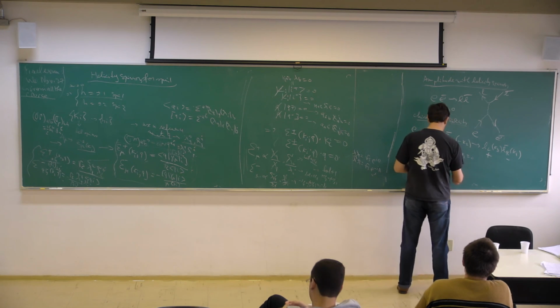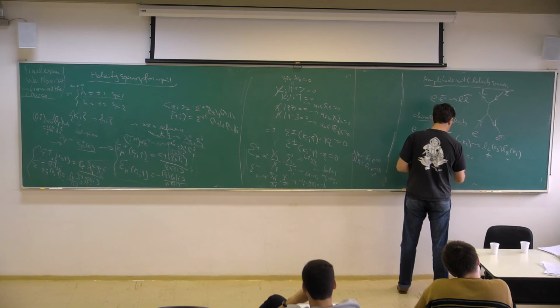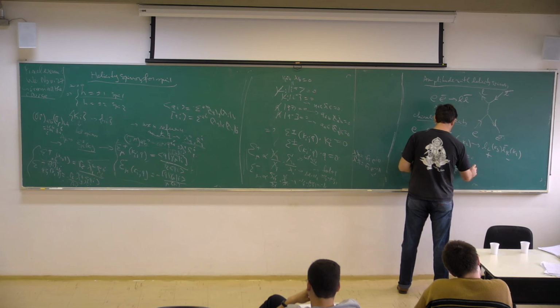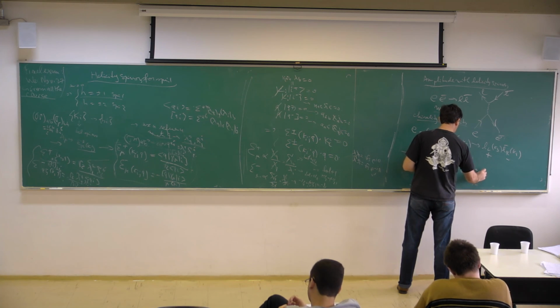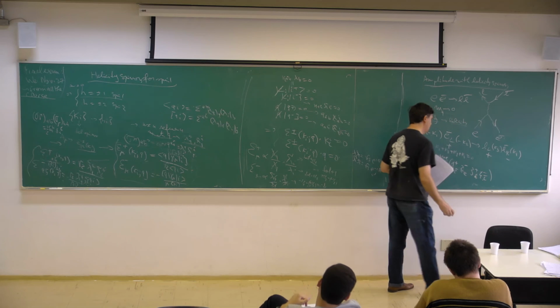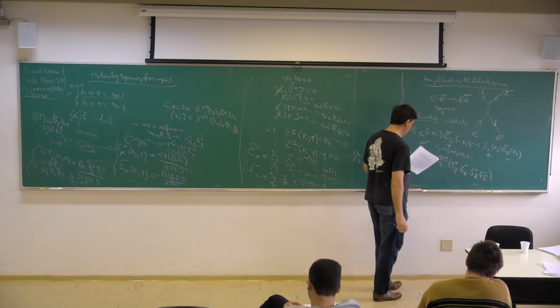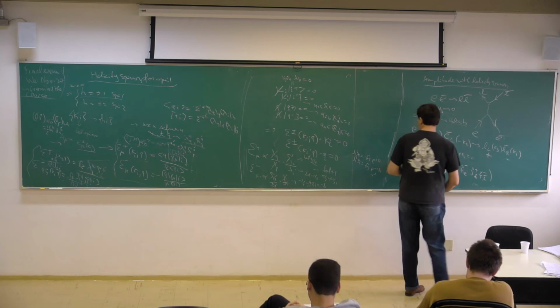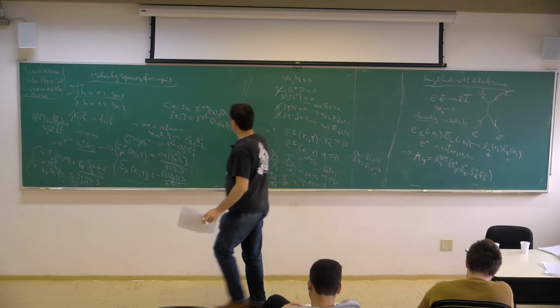So 1 plus e bar, 2 minus e, then 3 plus lepton, 4 minus antilepton. Okay, so this is the amplitude that we had before. And now we just substitute the formula.